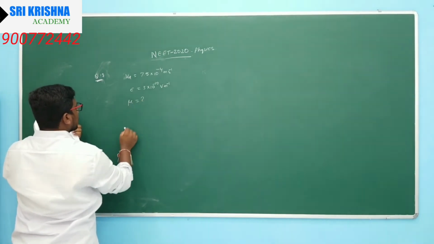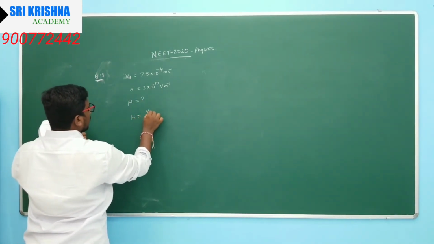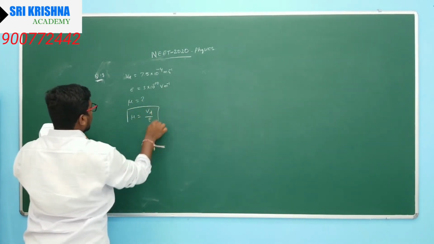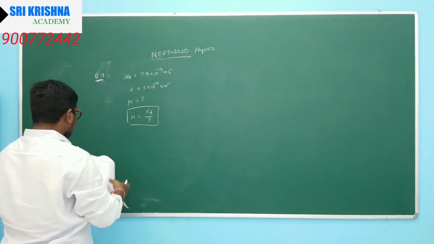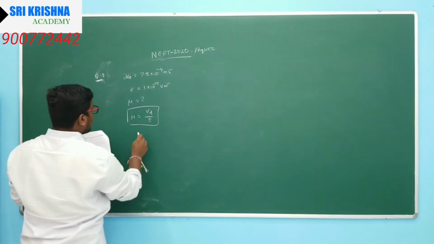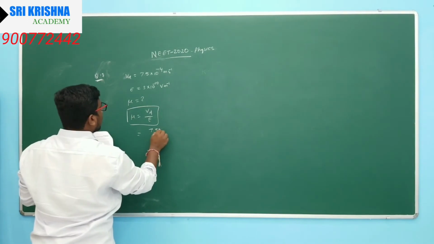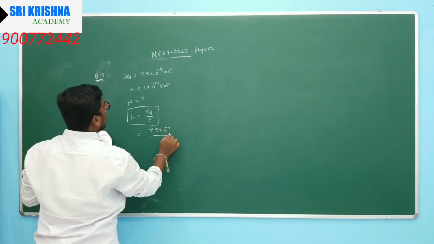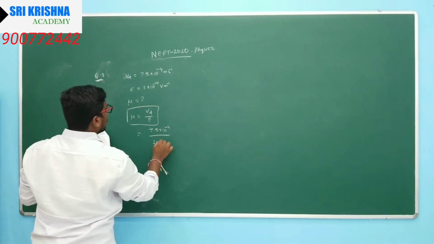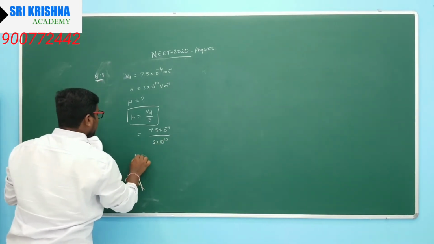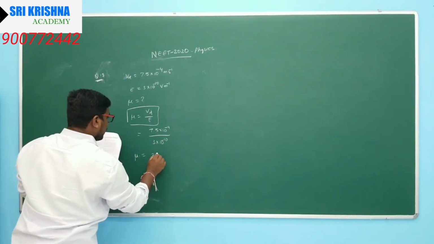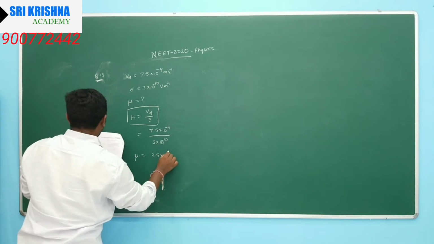Mobility is mu, and mu is Vd by E, a direct formula. Upon substituting 7.5 into 10 to the power of minus 4 divided by 3 into 10 to the power of minus 10, you will get 2.5 into 10 to the power of 6.